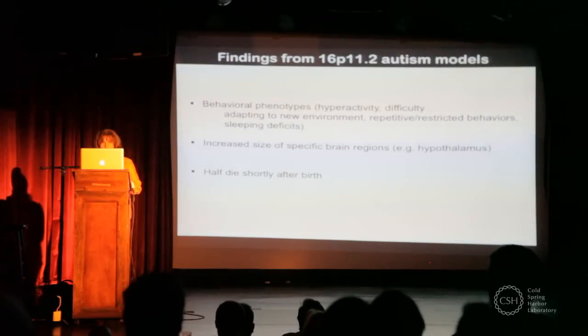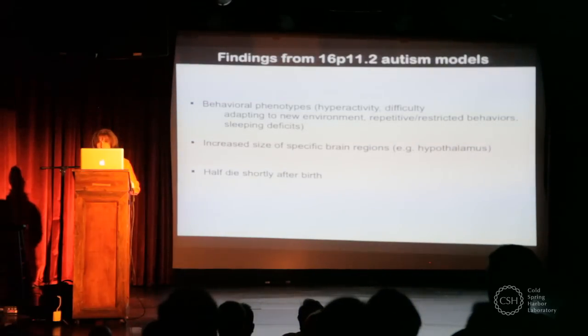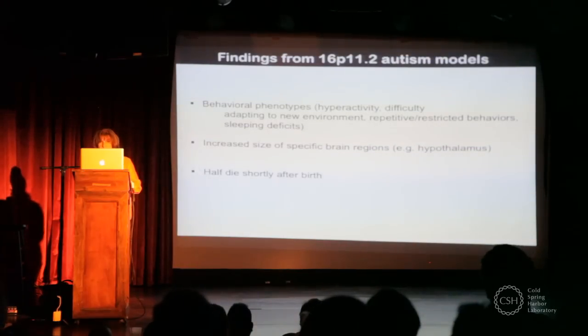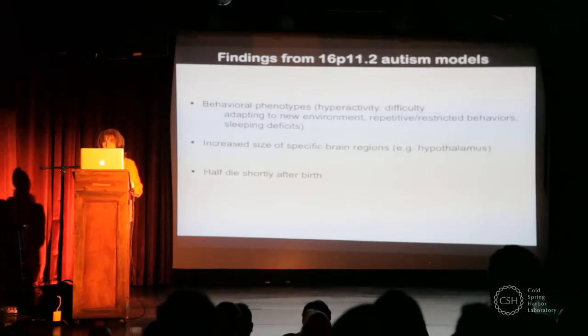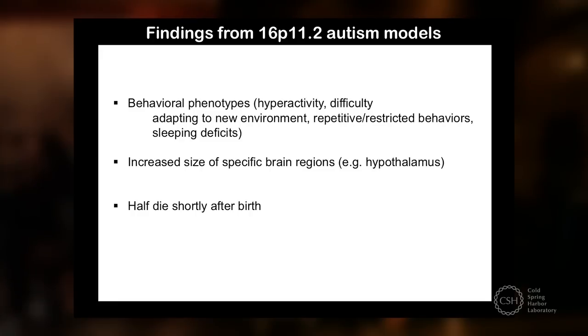So what we found from these 16p11.2 mouse models of autism is that there are these amazing behavioral phenotypes. These animals are hyperactive, they have difficulty adapting to a new environment, and they have repetitive restricted behaviors as well as sleeping deficits. And these are all features that are described and used to diagnose children with autism. We also found with MRI that there's increased size of specific brain regions.